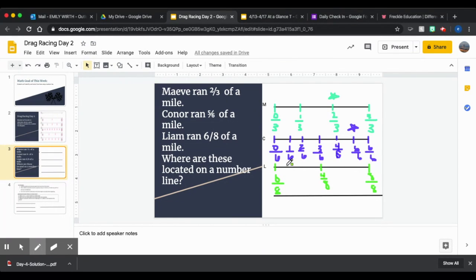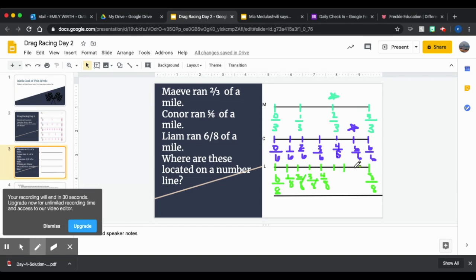Now I can partition this part into 4 equal pieces, which is 1/8, 2/8, 3/8, and do the same on this side: 5/8, 6/8, 7/8.